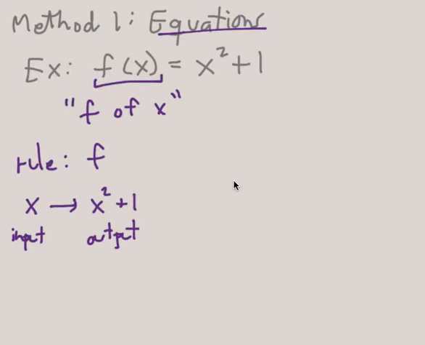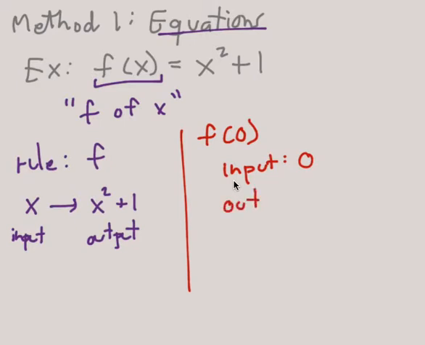So if I want to find something like f of 0, I write it like this. This means that the input is 0, and the output is found using this rule.